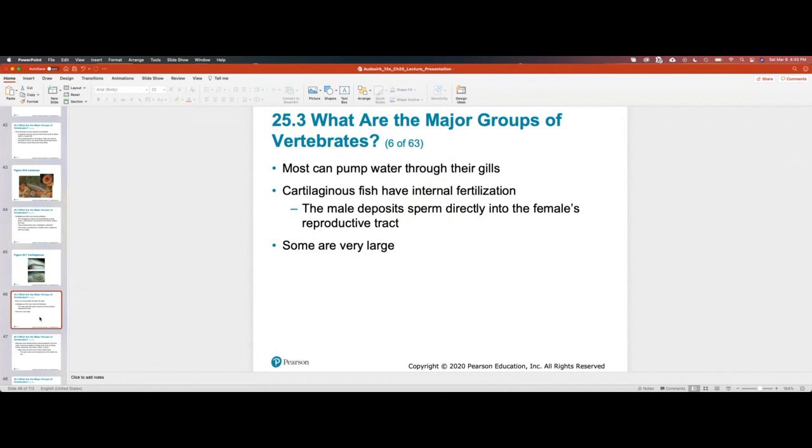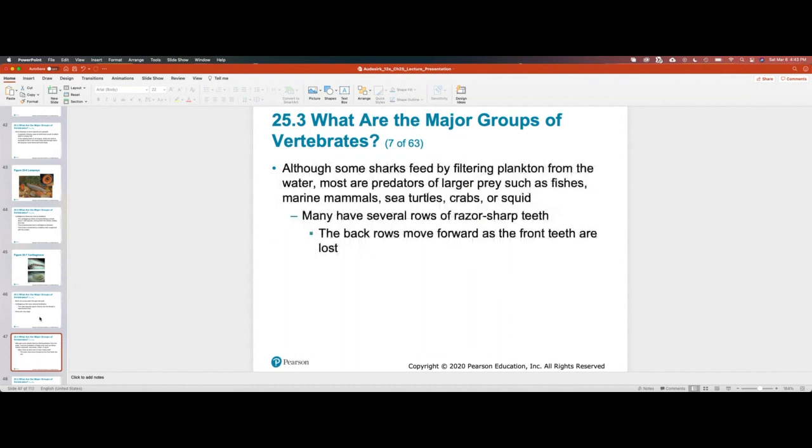So they have internal fertilization, which allows sperm to be deposited directly into a female's reproductive tract. They can be filter feeders, or they can be predators.